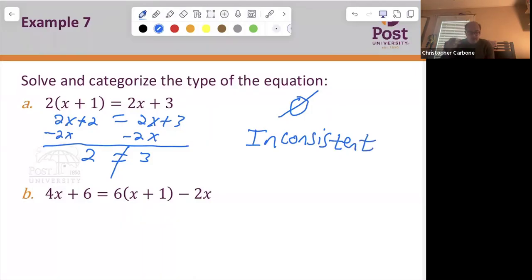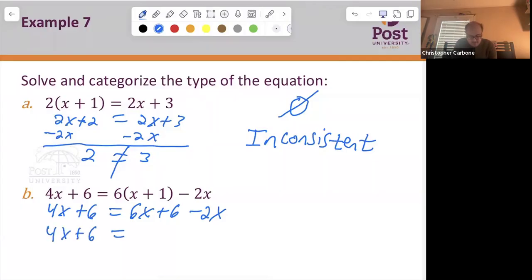Likewise, the one here on the bottom, 4x plus 6 is equal to 6 times x plus 1 minus 2x. We could distribute that 6 on the right-hand side and be left with 4x plus 6 is equal to 6x plus 6 minus 2x. And then to combine the 6x and the negative 2x, that makes 4x plus 6 is equal to 4x plus 6.